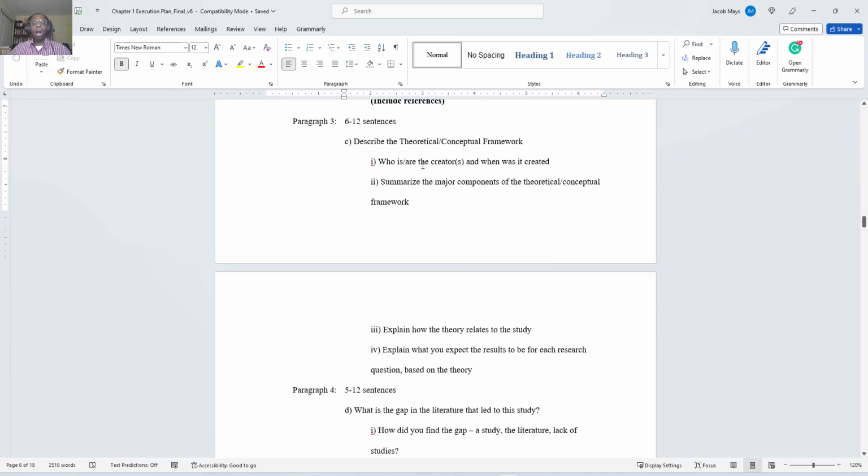Who is or are the creators of the conceptual framework or theoretical framework, and when was it created? 2. Summarize the major components of the conceptual or theoretical framework. 3. Explain how the theory relates to the study. Okay? Why did you use this theoretical or conceptual framework for your study?